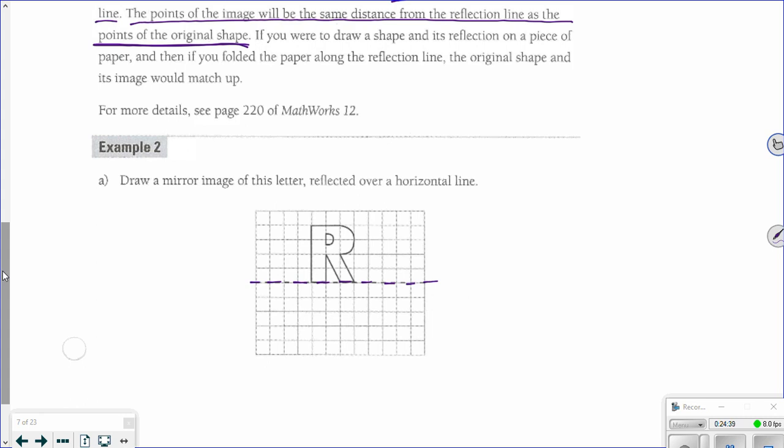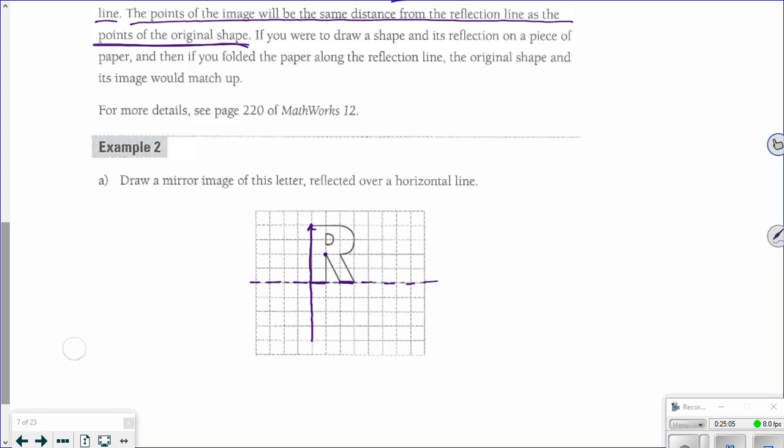So anything that's directly on the line is going to stay directly on the line. And then the further away a point is, the further away we draw it in the opposite direction. So to get to this point up here, I have to go 1, 2, 3, 4 units up to it, which means my reflection, I'm going to go 4 units down.